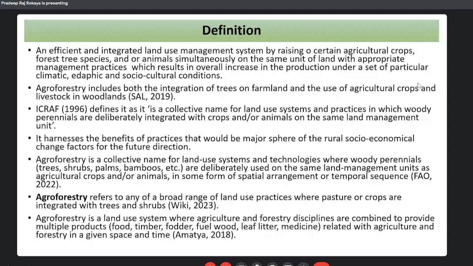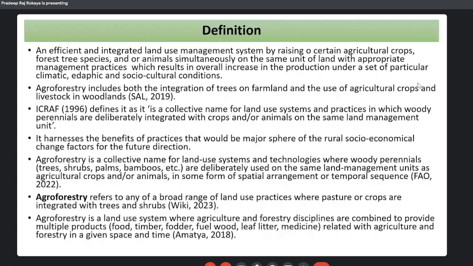Another definition is: agroforestry includes both the integration of trees on farmland and the use of agricultural crops and livestock in woodlands. This was defined by Sal in 2009.